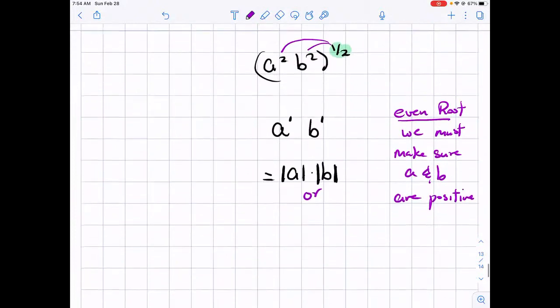So you could write this if you want as the absolute value of A B. Either way will be correct. And we put that absolute value there to make sure that they are both positive. So these are just little techniques that we have to pick up.